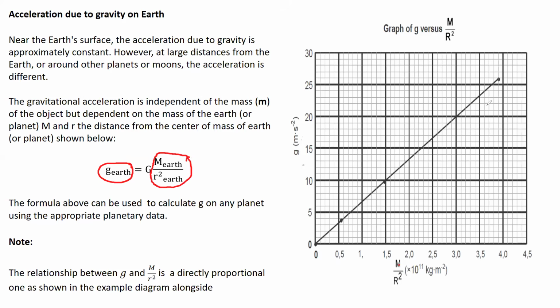That's what this straight line is showing you. The relationship between g and m over r squared is directly proportional. It's a 2019 question where I took this from, and in my part 2, I'm going to do this question, explaining everything as you would see it.